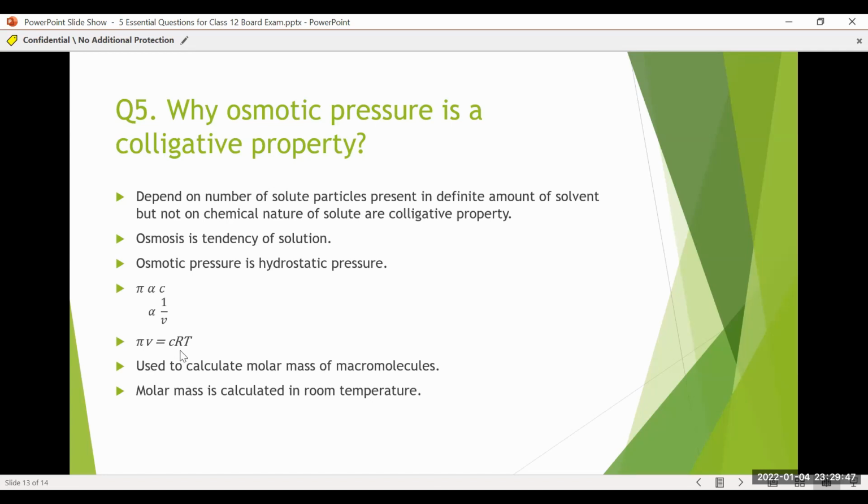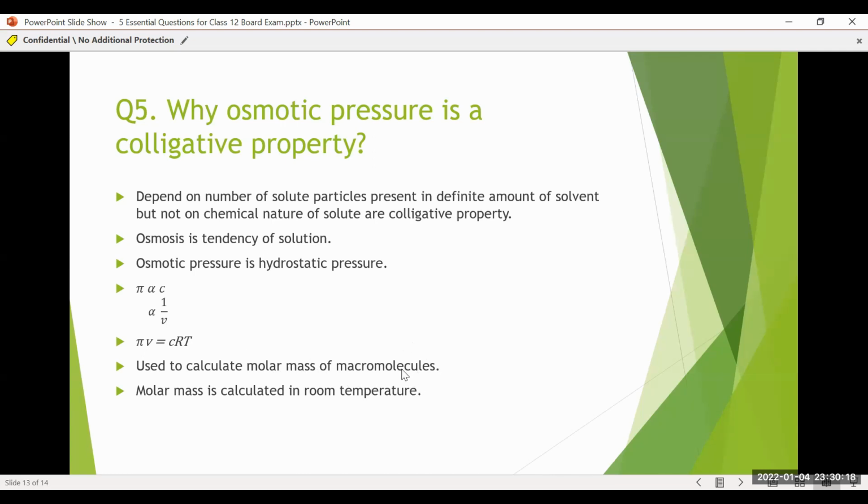This expression pi V equal to CRT is used for finding M. We can substitute further C. C is written as N upon V, where N can be written as W2 upon M2. So it becomes pi V equal to W2 upon M2 into R into T. Solve for M2 to find the molar mass of the macromolecule.